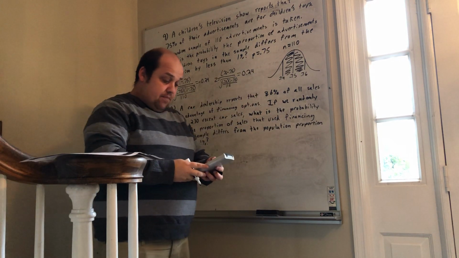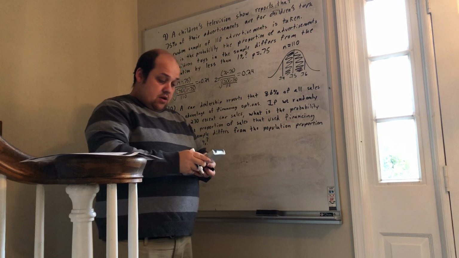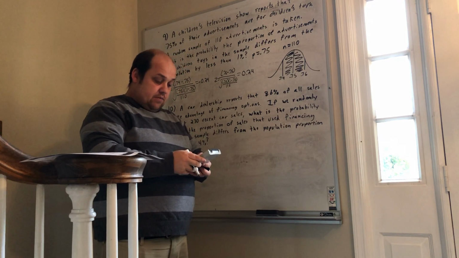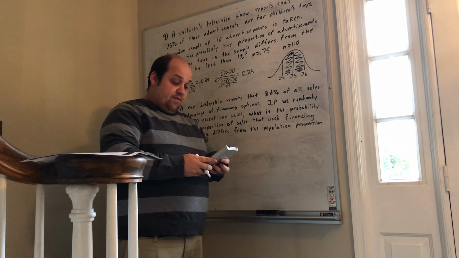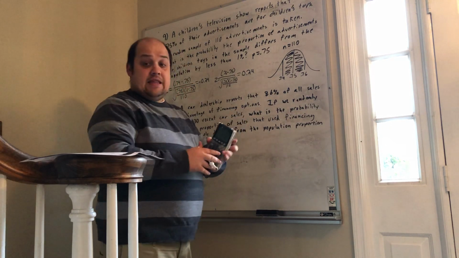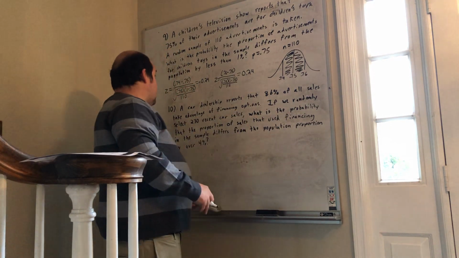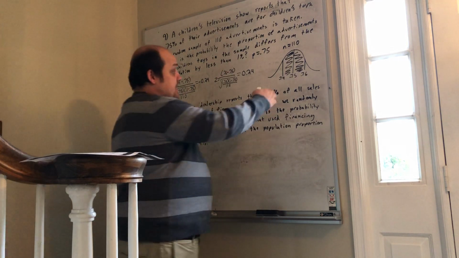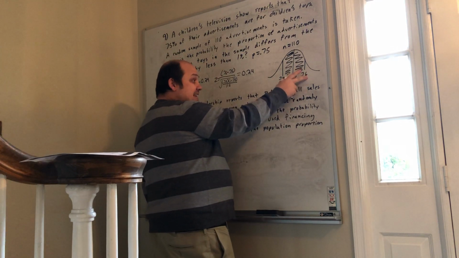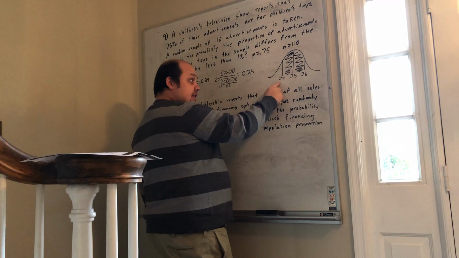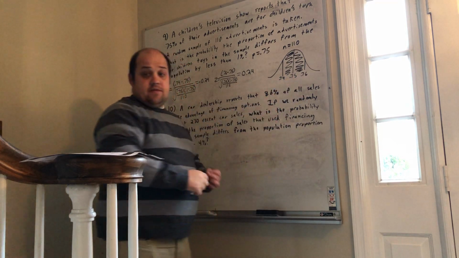I can double check it by putting it in my calculator, typing in the same thing but using 0.76 instead of 0.74, and I will verify that these have to be equal and opposite. So since we moved the same distance to the left and to the right, these have to be identical z-scores, this one negative, this one positive.